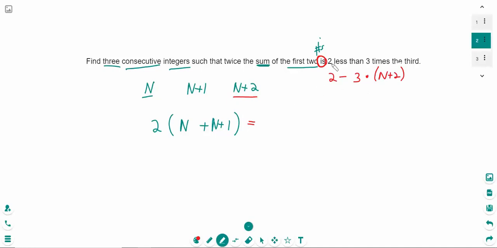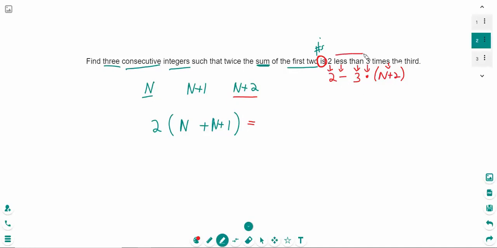Watch out. Even though we're kind of translating it very literally here, in line, 2 is less than, meaning minus, then 3 times the third. This is our third number. Okay, so we kind of just wrote that exactly the way we see it in the problem.